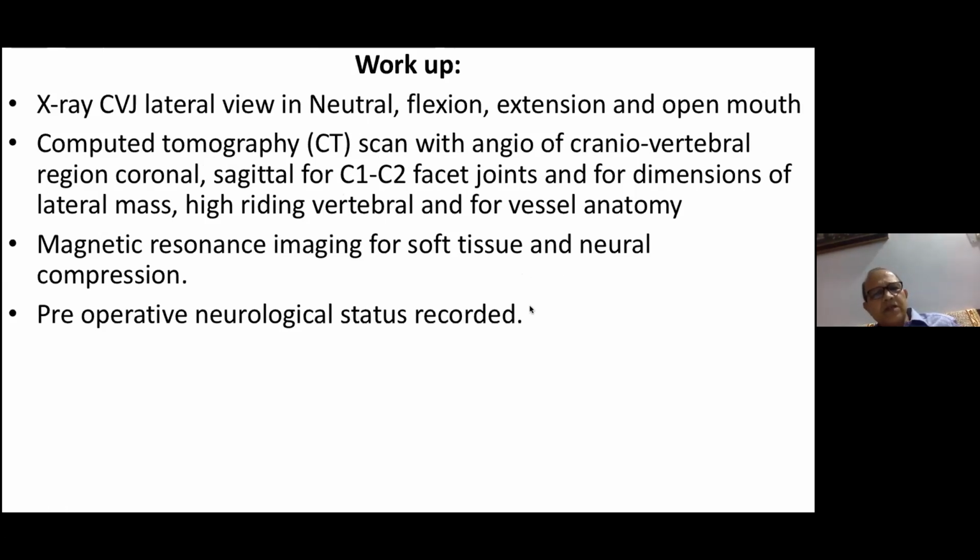So before surgery, you should be knowing what problems you may come across by studying the anatomy very well in CT scan, bony anatomy, and you can also know about the vessels. So CT angiogram to find out the course of vertebral artery. Sometimes it is high riding vertebral artery, which may come up to the medial marginal C2 facet lateral mass.